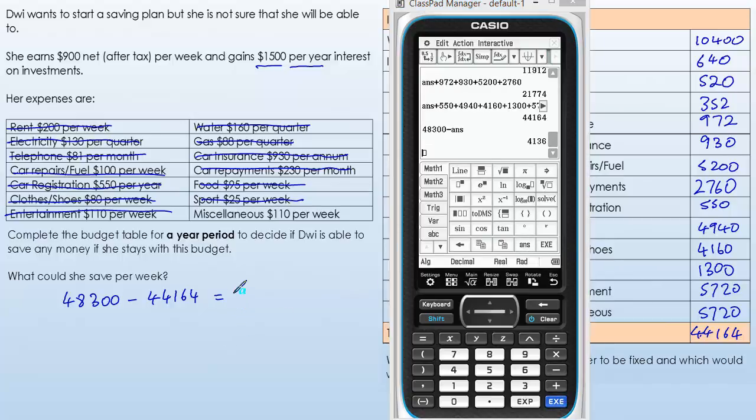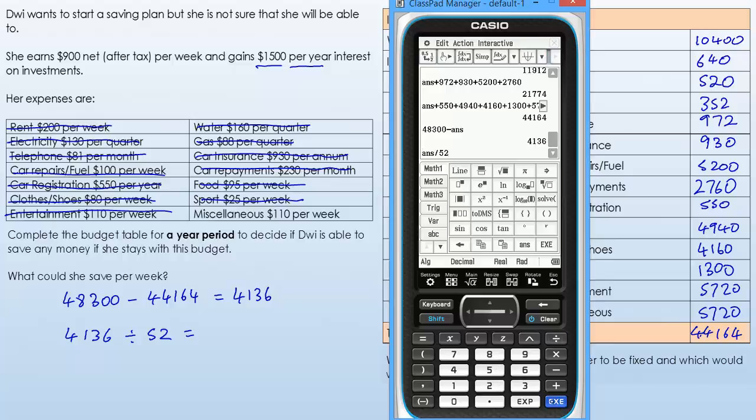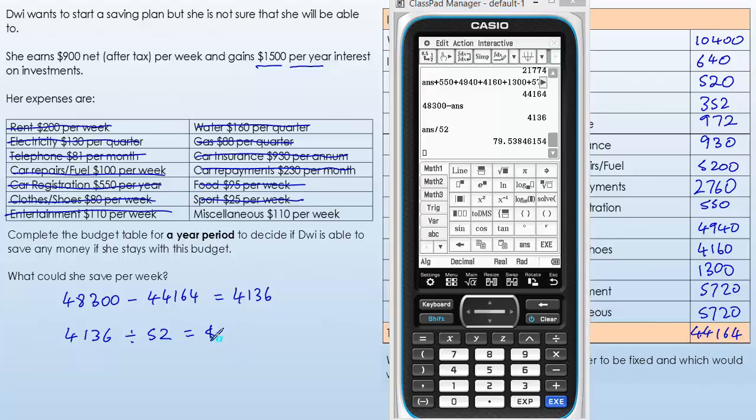So that's 4,136, and it asks us what she could save per week, so we can remember this is an annual figure, so we could divide that by 52, and that's $79.54 per week.